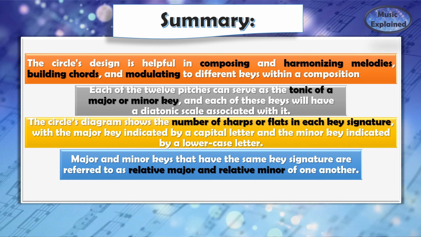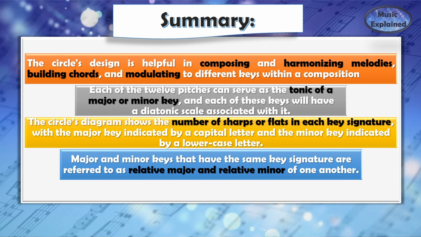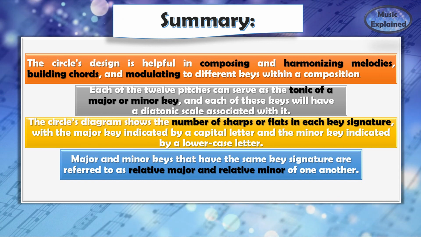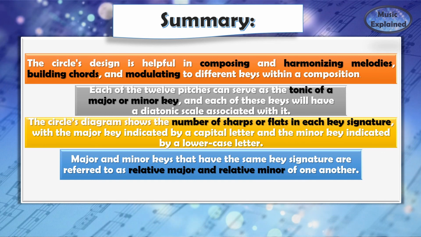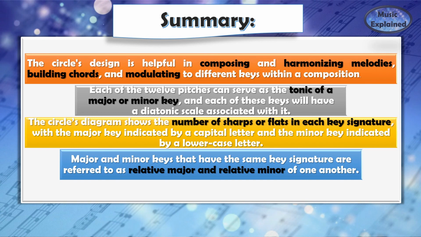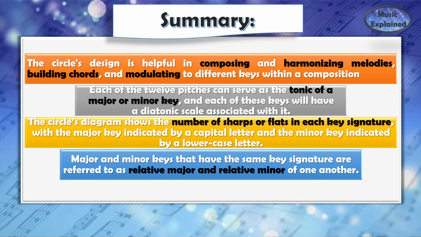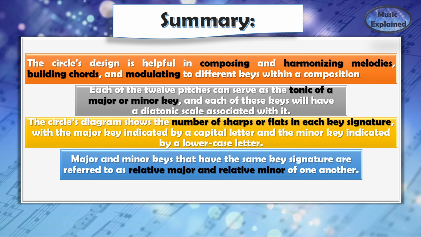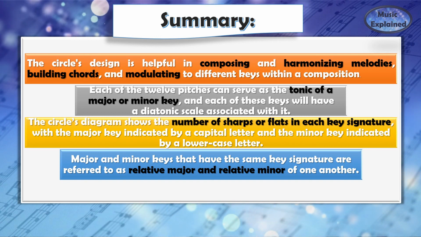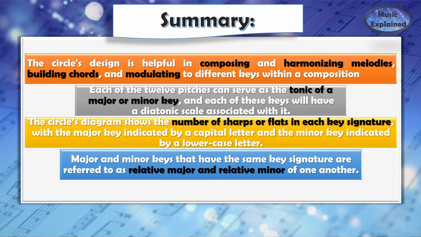The circle's design is helpful in composing and harmonizing melodies, building chords, and modulating to different keys within a composition. Each of the 12 pitches can serve as the tonic of a major or minor key, and each of these keys will have a diatonic scale associated with it.